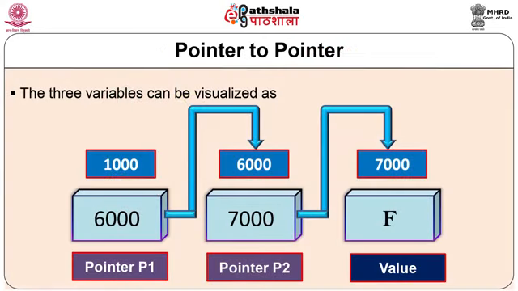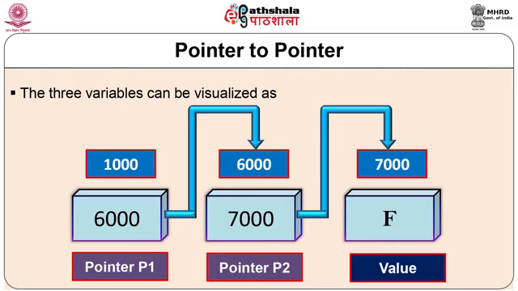Let us summarize the same picture of pointer to pointer once again. You can see there are two pointers, P1 and P2, with memory locations 1000 and 6000, and character F at memory location 7000. Pointer P2 is a pointer for F, therefore P2 holds memory address 7000.